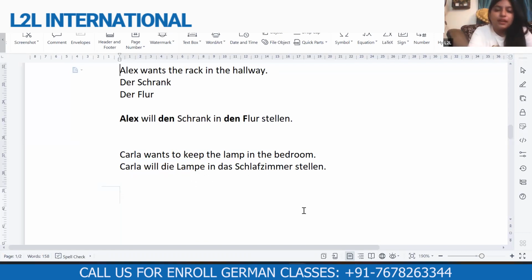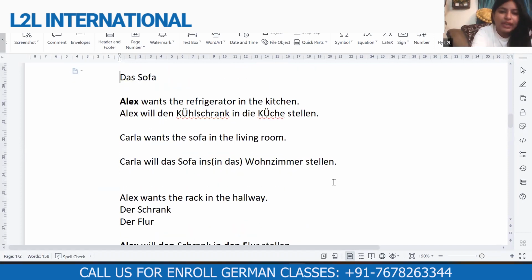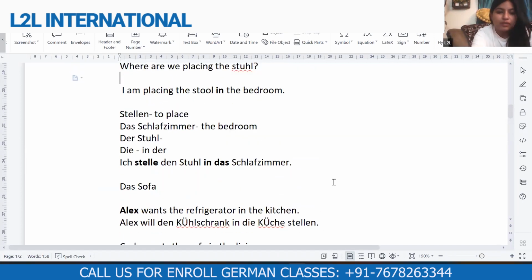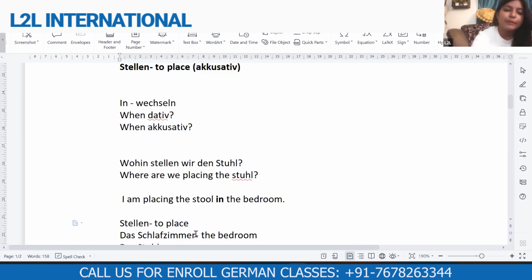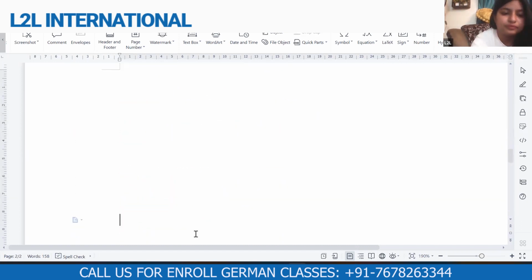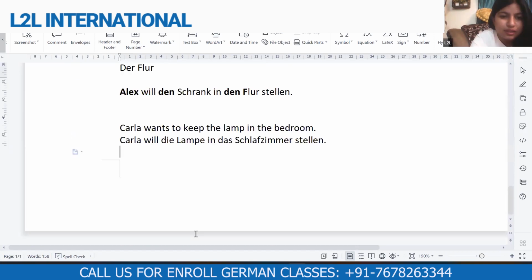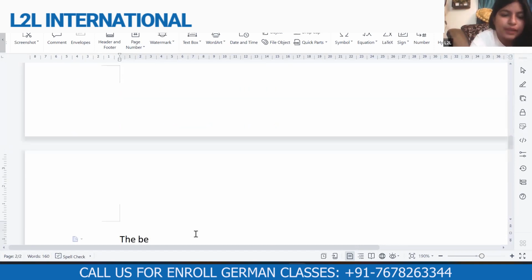It's das. So now, did you get why we are using in as accusative here? Because of two reasons. We are using the accusative verb stellen. And also, this sentence shows movement, that we are placing the thing. If the sentence becomes like this, just imagine the sentence that is yet to come: the bed is in the bedroom.